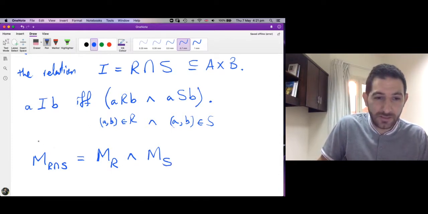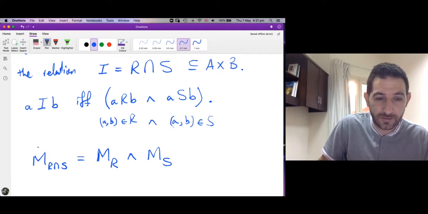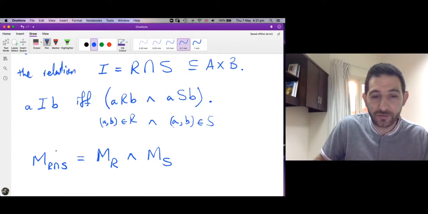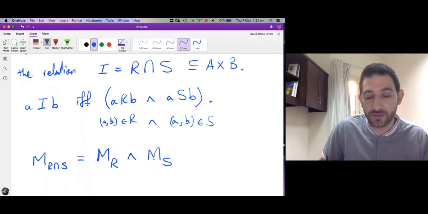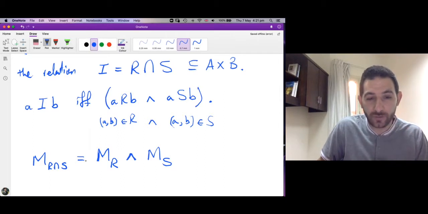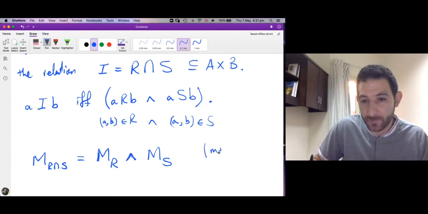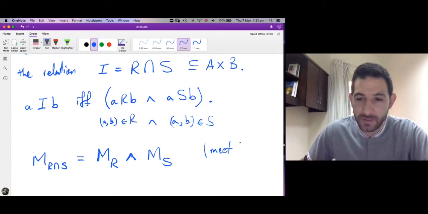Two elements are related here, so we have 1 if and only if we have 1 here and 1 here. The only case where we have 1 in MR and 1 in MS is when we use the meet. So this is the meet of Boolean matrices.